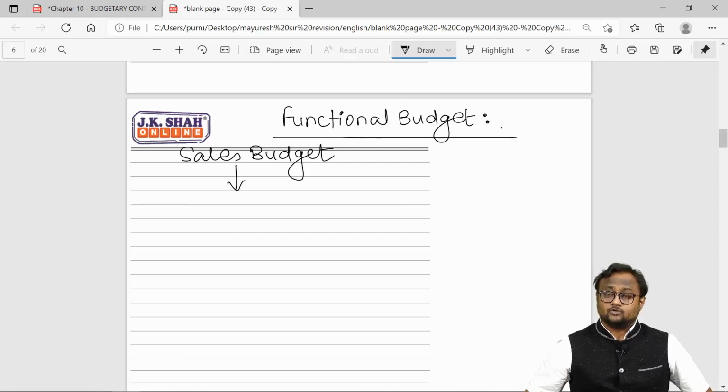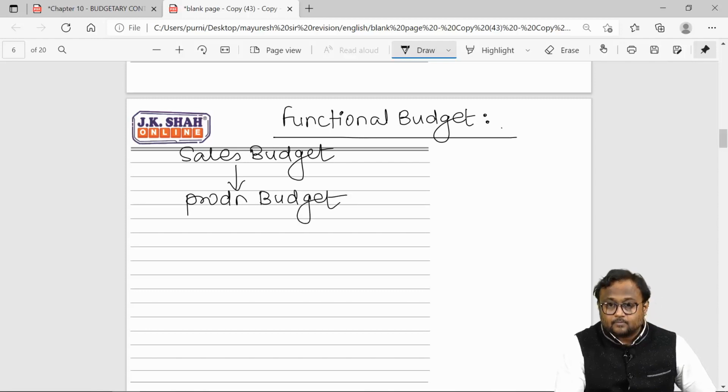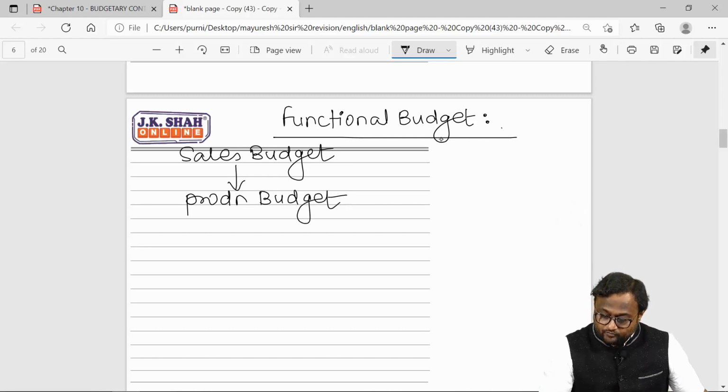After selling 10,000, you want stock of 8,000. Okay, then produce 18,000. No, sir, I already have 3,000. Arey Baba, then produce 15,000. So if you know sales budget, it will be very easy for you to know the production budget. How will you go for it?